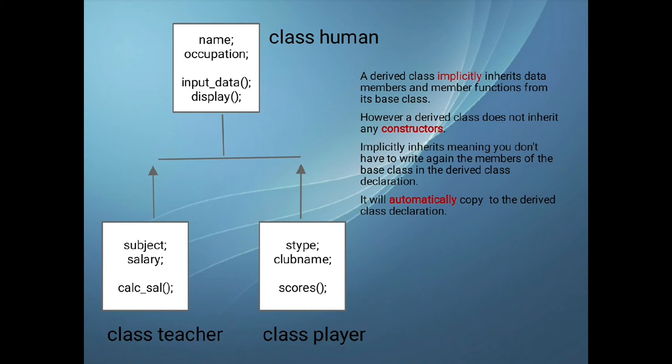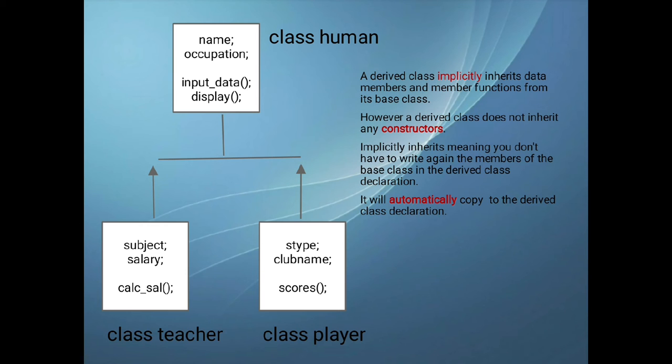Here a derived class implicitly inherits data members and member functions from its base class. So what is the term about this implicit? We have already learned about that implicit call in classes and objects, and then constructors and destructors. Explicit call, implicit call, right?